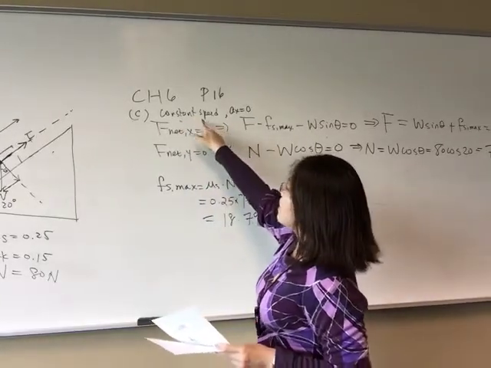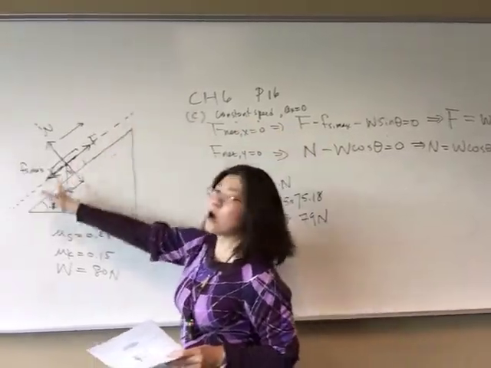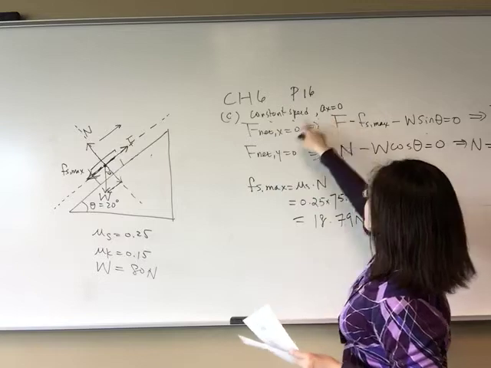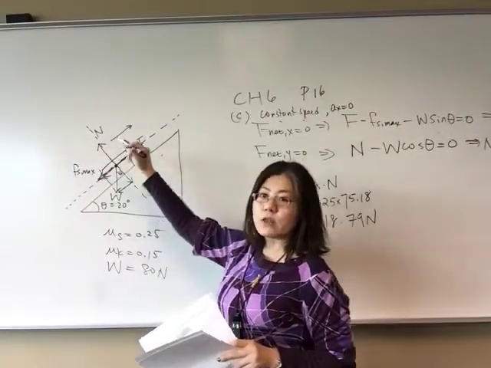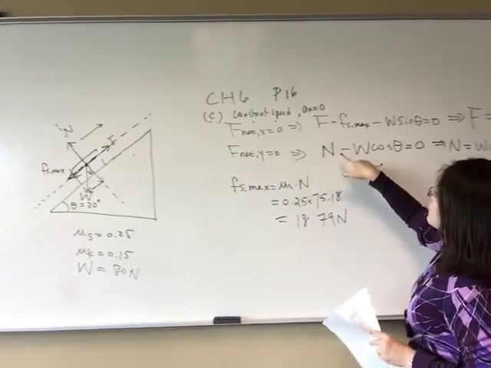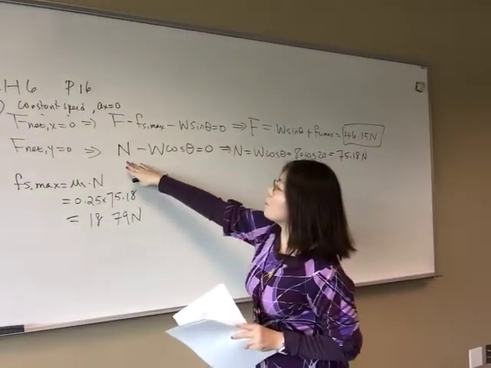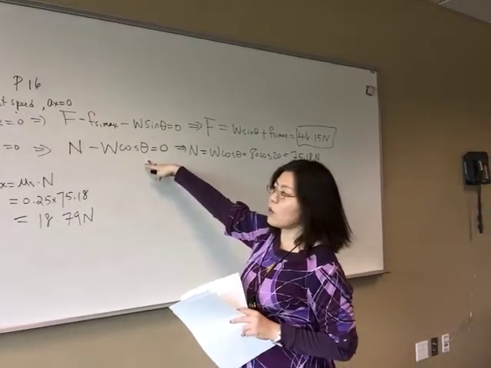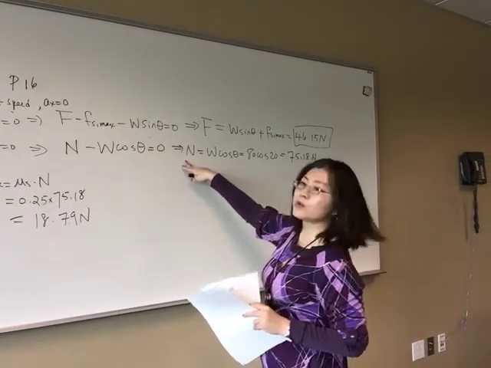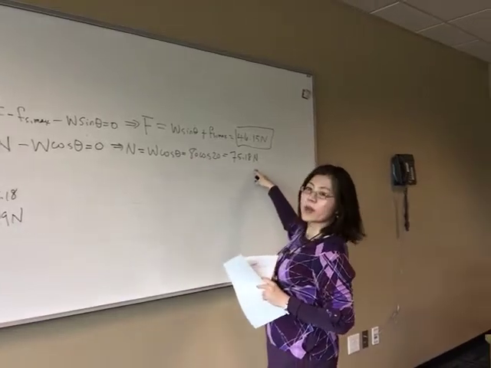If it is moving at constant speed, then you have this. And also in the vertical, it's not moving in this direction. So in the vertical direction, you still have that. So this normal force is balanced by the gravitational force in the vertical direction, that still holds true. So your normal force still has this magnitude.